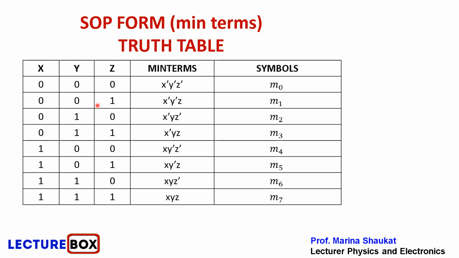And it will be in the simplest form. Their product will give me the second minimum term. Again, x is 0, so I will take its complement. X complement, y simple, z complement gives me the third minimum term. Similarly, let's have a look at this. X simple, y simple, z complement gives me my seventh minimum term.